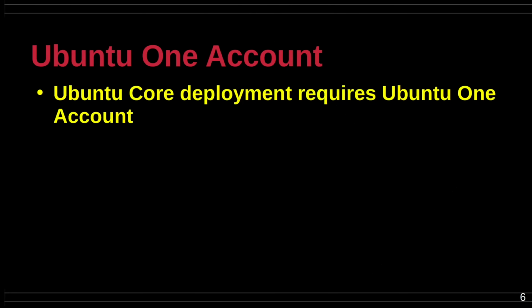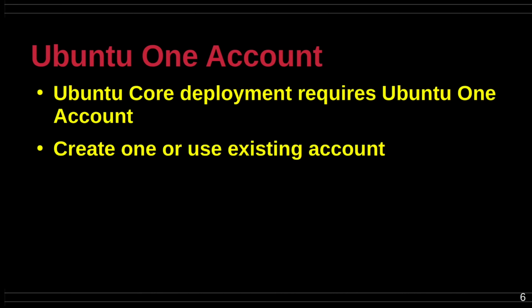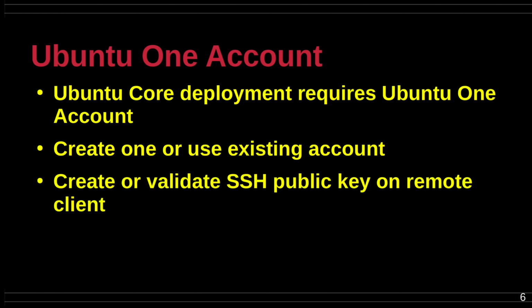Ubuntu Core requires the use of Ubuntu One account. Register the account credentials at Ubuntu One for use with Ubuntu Core. The SSH public key from the remote client must be copied to the Ubuntu One account repository.